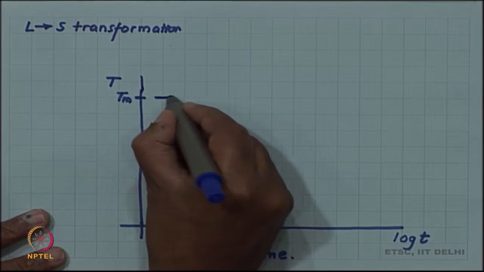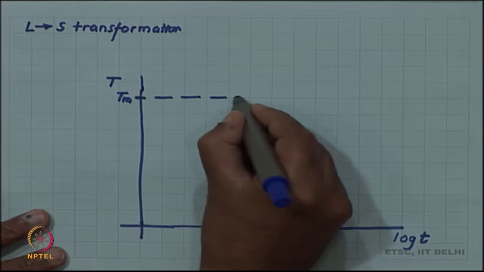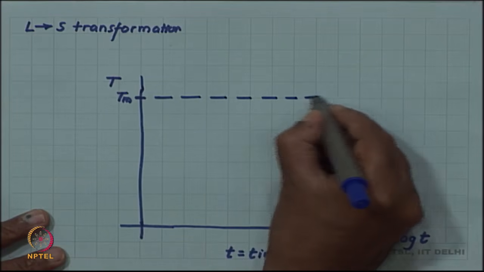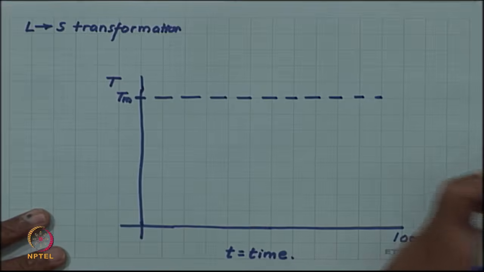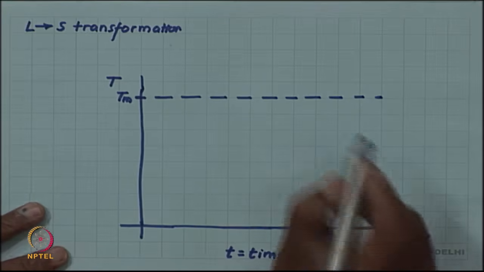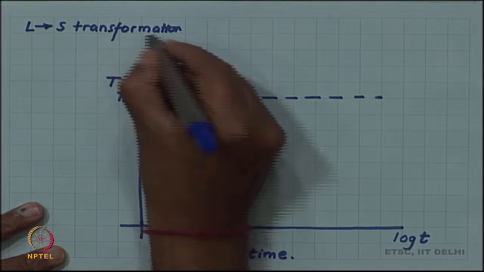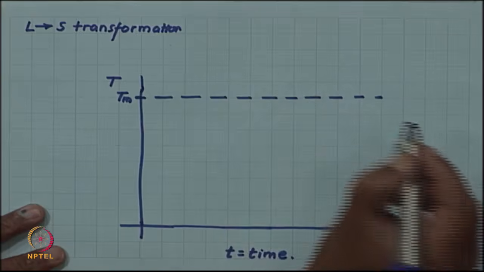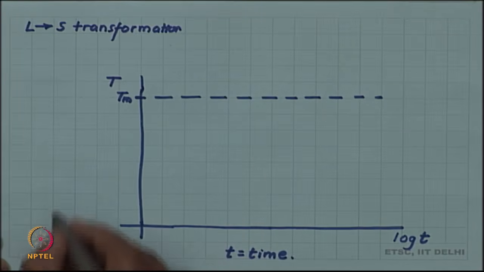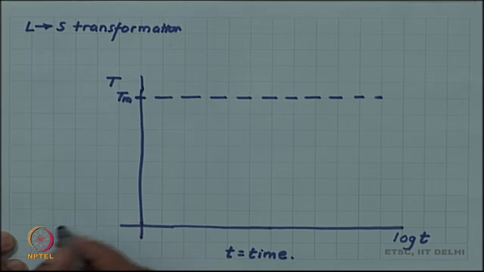So, we can draw that line. And we have already seen how the transformation rates change as a function of temperature. So, we can build that diagram here.